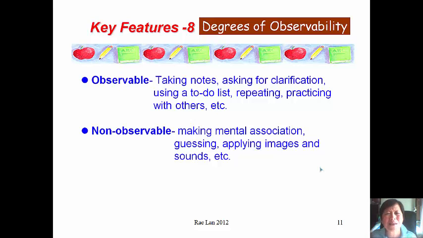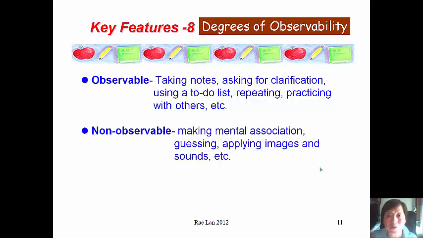What about certain strategies that cannot be observed, and therefore are not observable? For example, when we are trying to make mental associations, or when we see a word that we don't know and we try to guess the meaning based on the contextual clues. Or when we apply images and sounds to try to tackle a word.